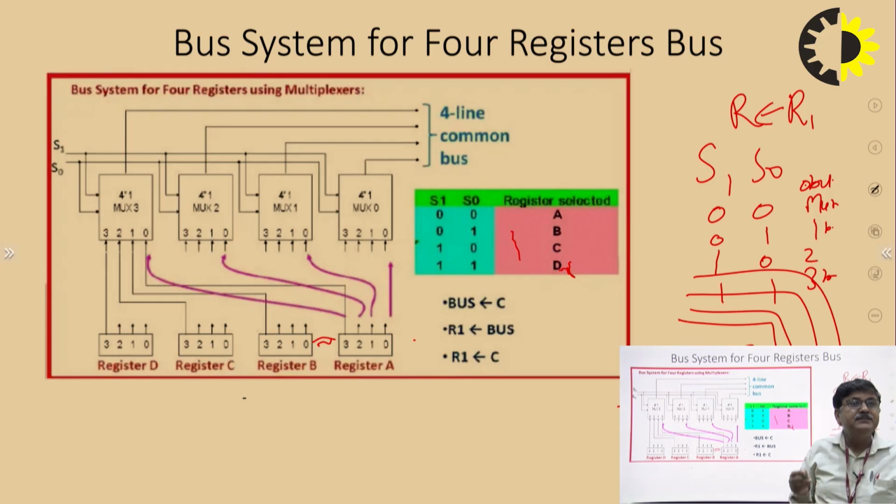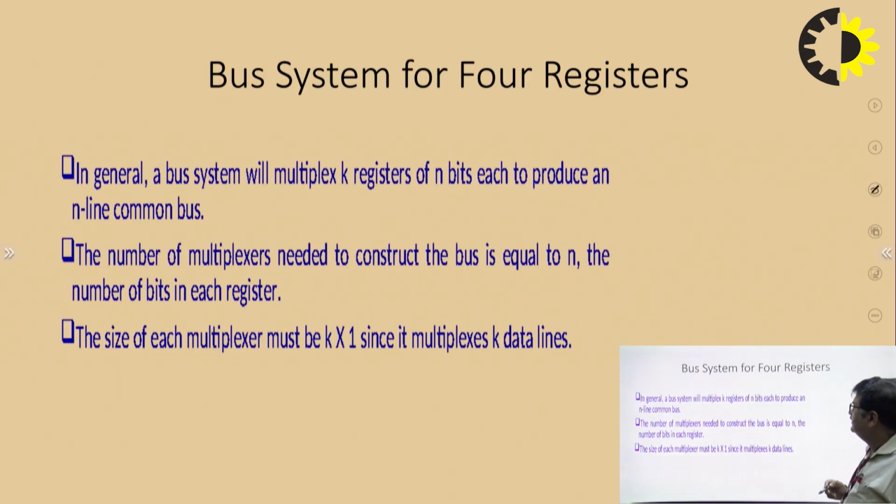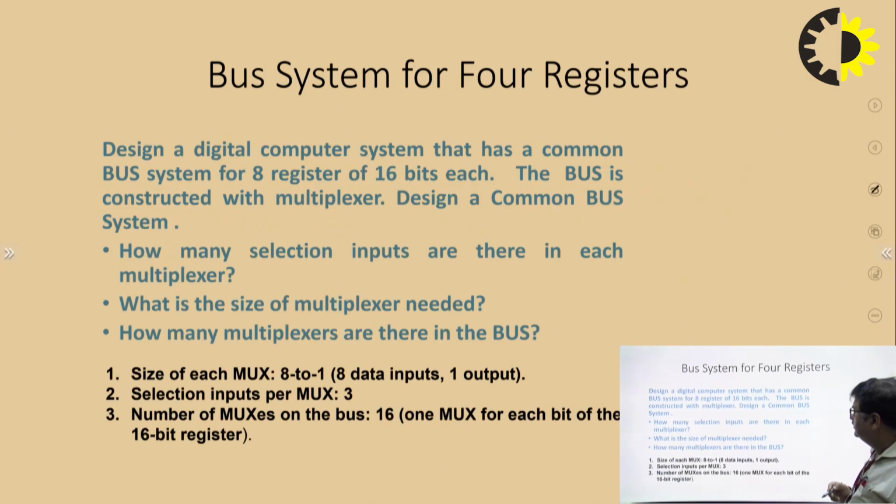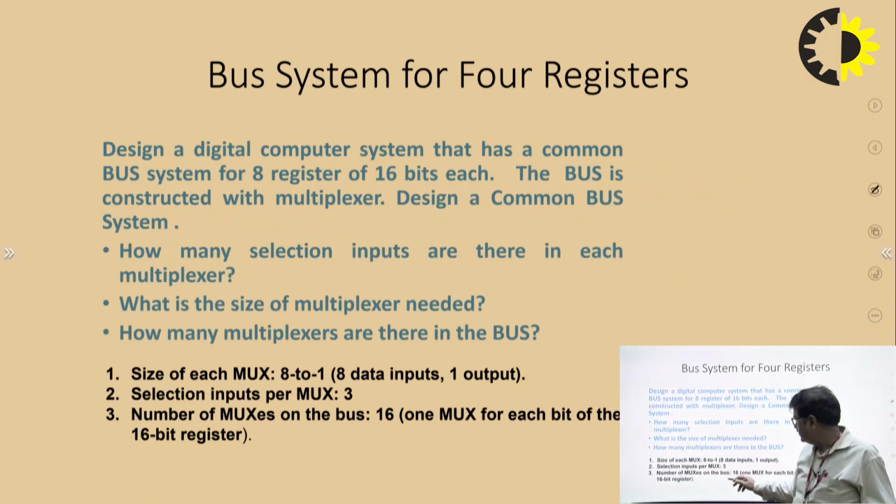If we have a 6th bit, then we need a 6th multiplexer whose input is connected to it. So the number of bits decides how many multiplexers are required.